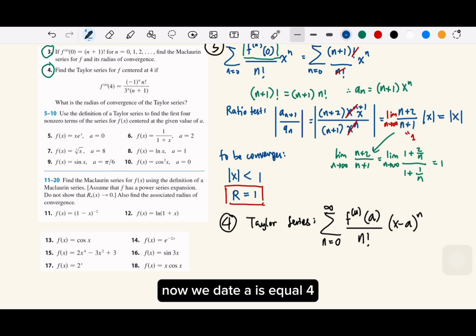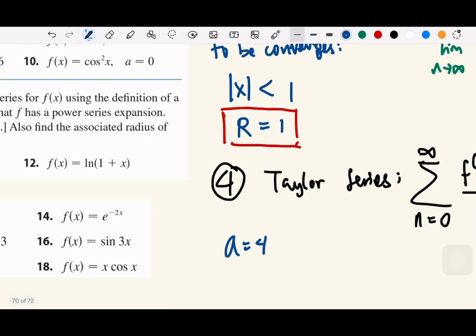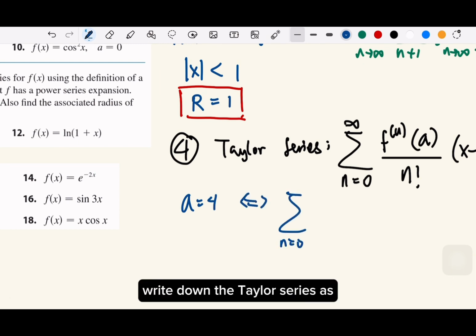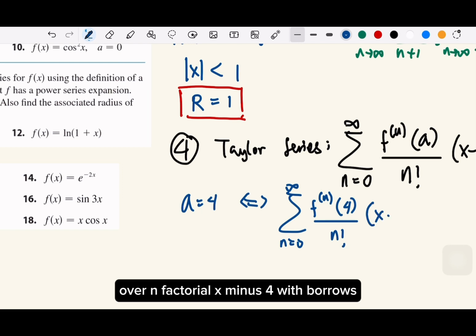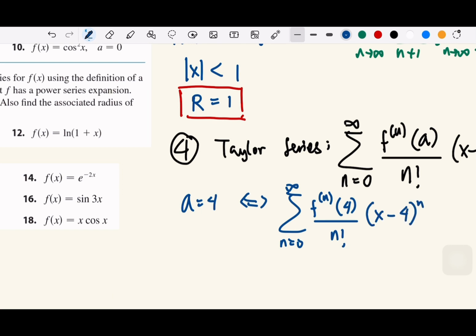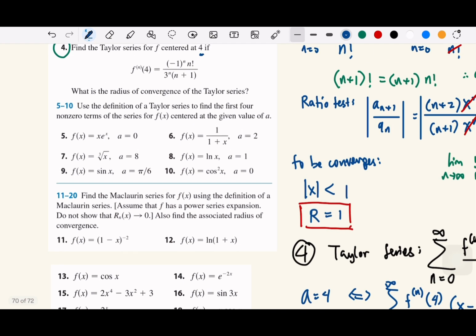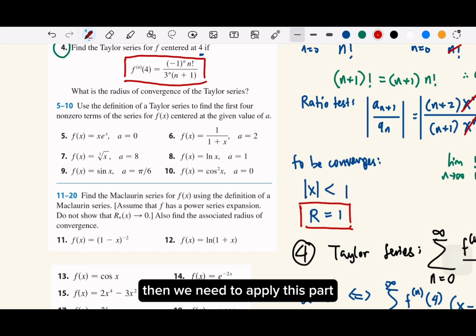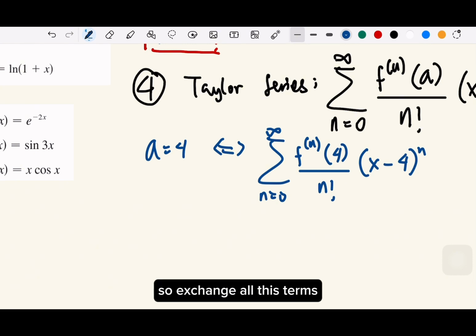Now we take a equal to 4 because the question requires it. So we can write down the Taylor series as f^(n)(4) over n factorial times (x minus 4)^n. And then the question says that f^(n)(4) is equal to this, so we apply this part and substitute all these terms.